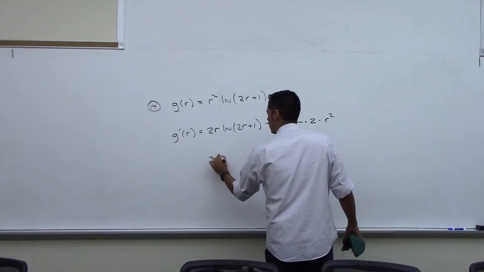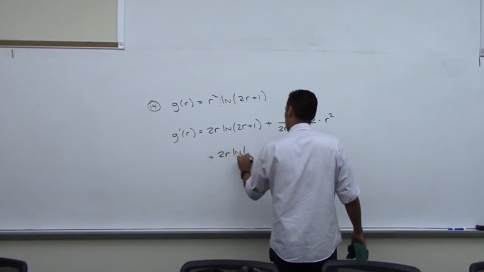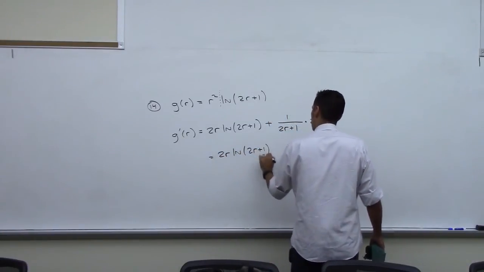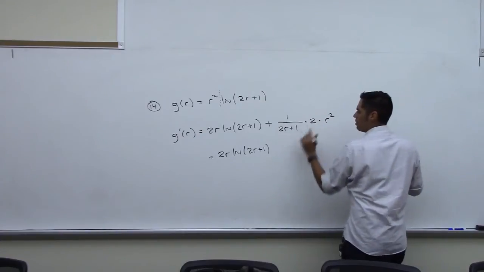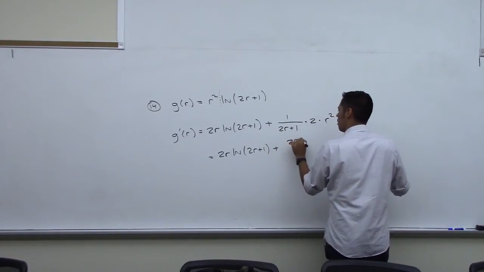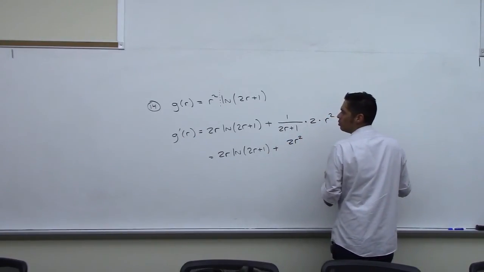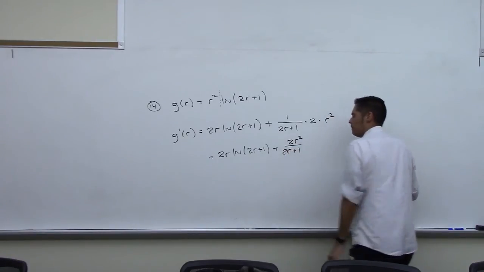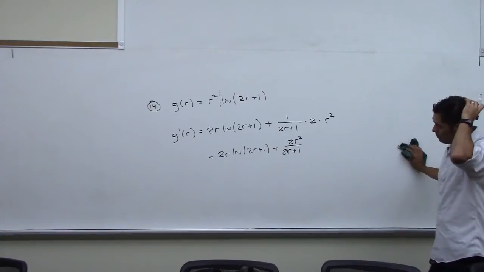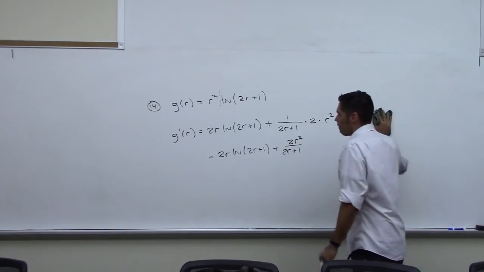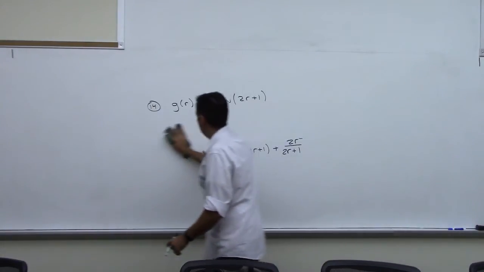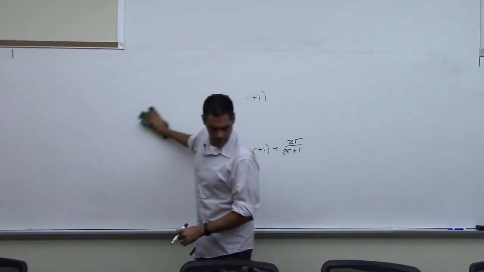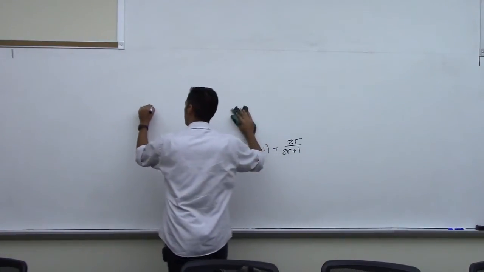And I suppose we could just rewrite it, clean it a little bit. I can just put this 2r squared on top, so 2r squared over 2r plus 1. There we go. All right, number 15.